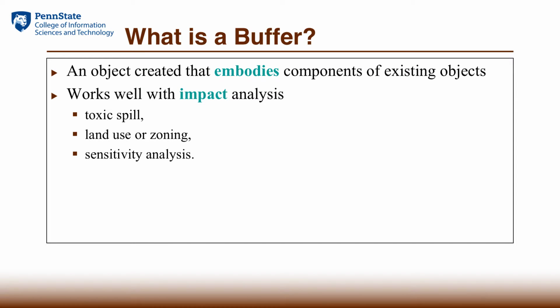A buffer is an abstract concept that represents conceptual objects. However, when the buffer is interpreted in different applications, it could mean very different things. For example, if you study a toxic spill, or land use and zoning, or earthquake risk, like the project is doing, you could end up with a very different sense of buffer.